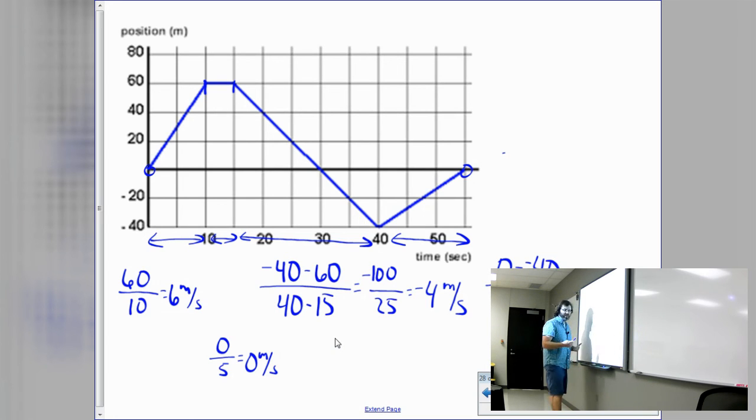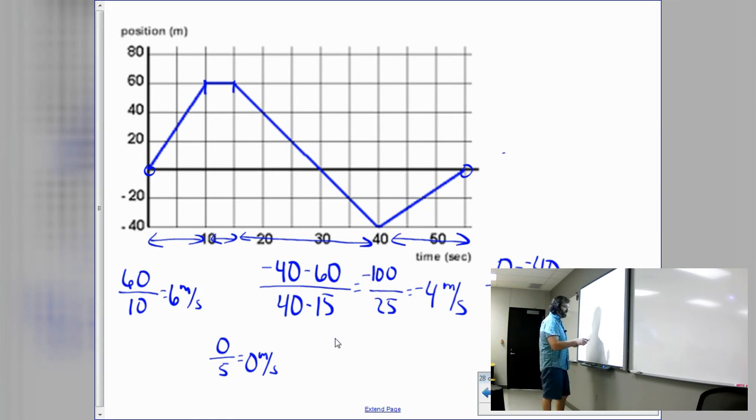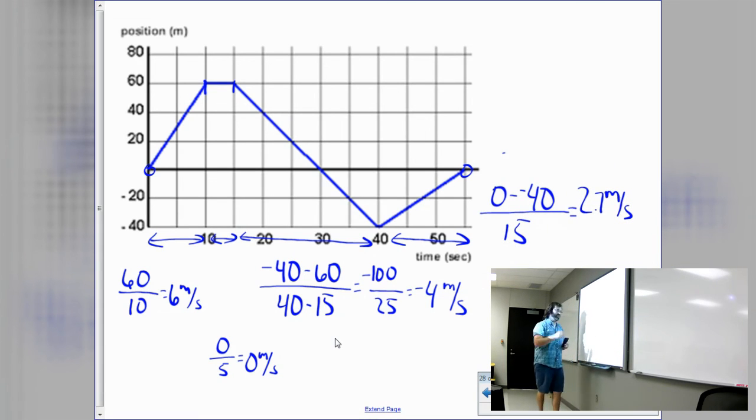And then we can calculate what that would be. 40 divided by 15 gives us an average velocity of 2.7 meters per second. And that would be positive as well. You can tell it's positive because the slope is going up.